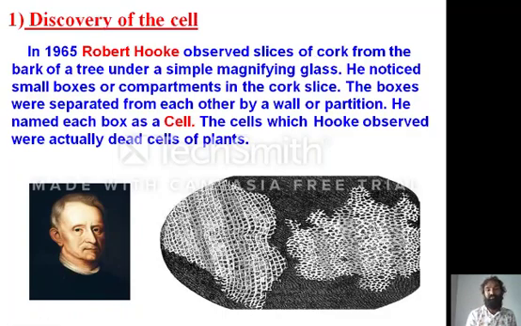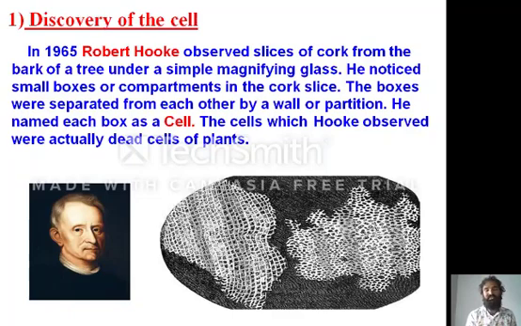He noticed small chamber-like compartments in the cork of the oak tree. Just see, there are many chambers. These chambers look like a honeycomb, in which there are many compartments.